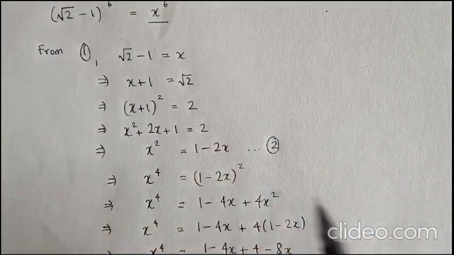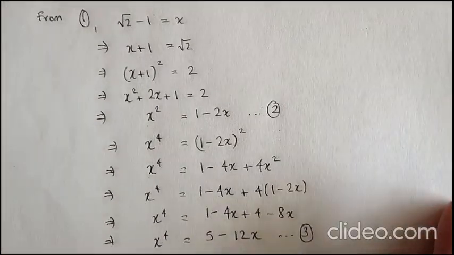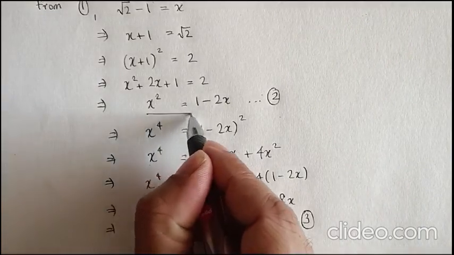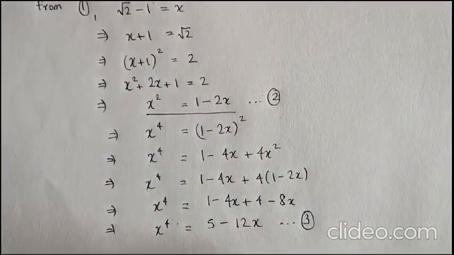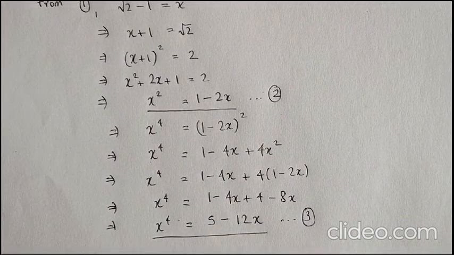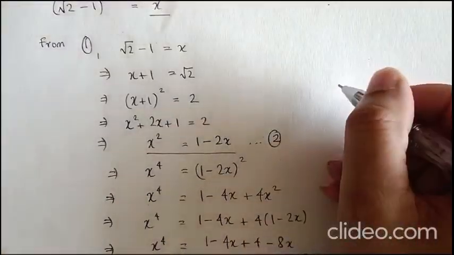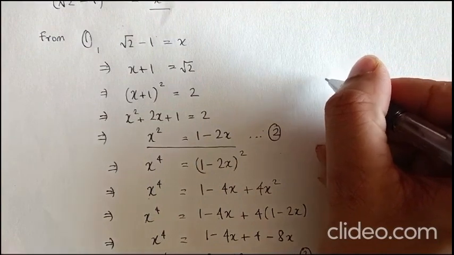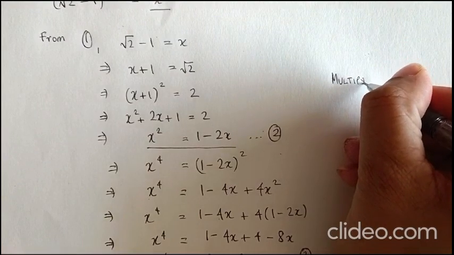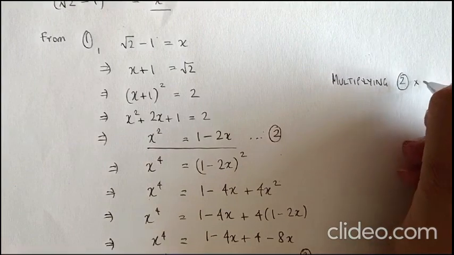Now what we do is we have to multiply equation 2 into equation 3. So we have equation 2 which says x squared is equal to 1 minus 2x, and we have equation 3 which says x to the power of 4 is equal to 5 minus 12x, right? So I'll write it here, multiplying 2 into 3.